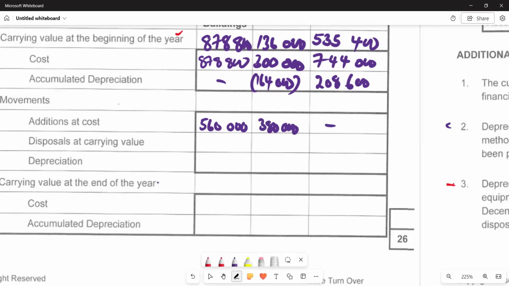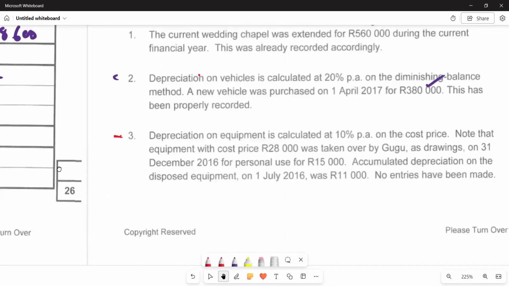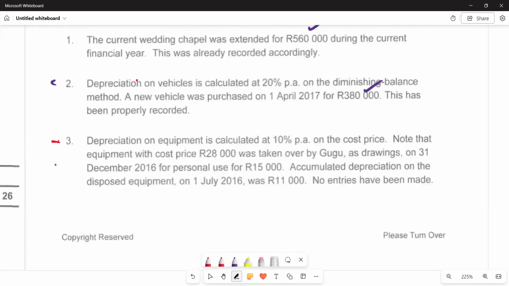Then you go to disposal at carrying value. So we see that disposal is mentioned on equipment, whereby they are saying depreciation on equipment is calculated at 10% per annum on the cost price. Note that equipment with a cost price of 20,000 was taken over by Google as drawings. So this is the one that was disposed, the one that was withdrawn.